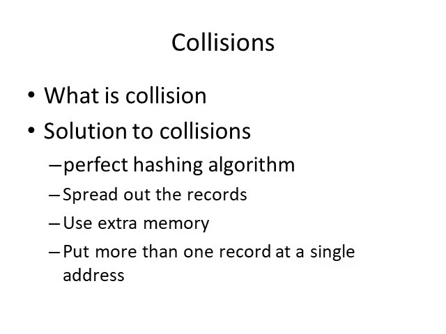You have concepts called bucket, buffer, all those things. So try to use those concepts in this hashing algorithm, and try to put more than one record at a single address, so that fewer collisions will occur.